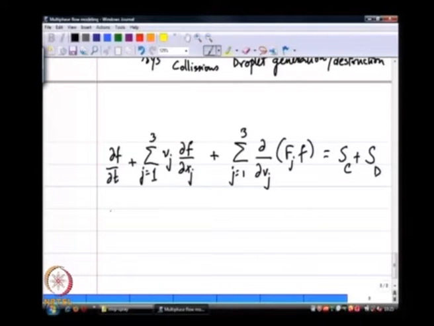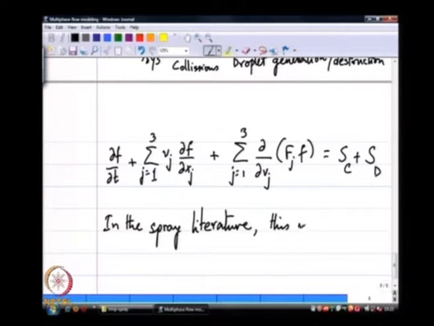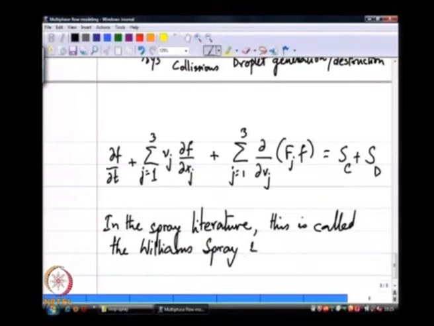This is in the spray literature. This is called the Williams spray equation, due to a man named Forman Williams.